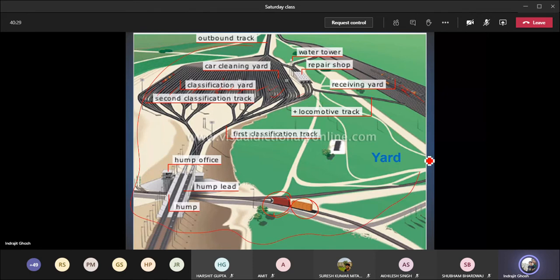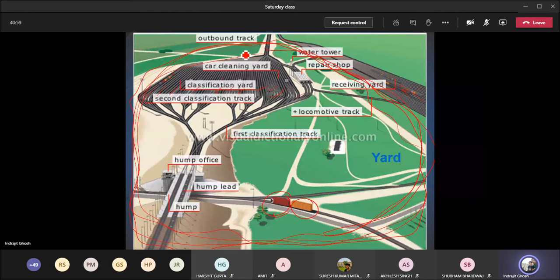Here we have a number of railway tracks laid within a defined limit. Obviously it does not range over a larger distance like the railway track from one station to another, or from one state to another, but it is within a designated limit. We can see multiple lines.